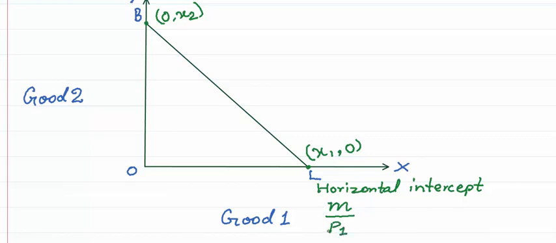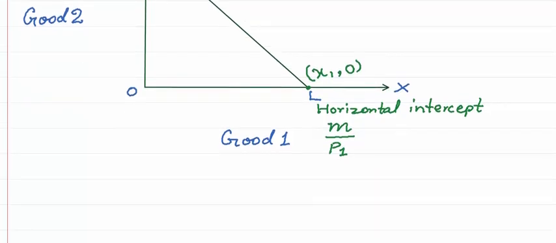M by P1 is the horizontal intercept of the consumer lying at point L. Point B shows the vertical intercept on the y-axis, and this vertical intercept can be calculated with the help of the income and price of good 2 as M by P2. M by P2 shows the vertical intercept on the y-axis.